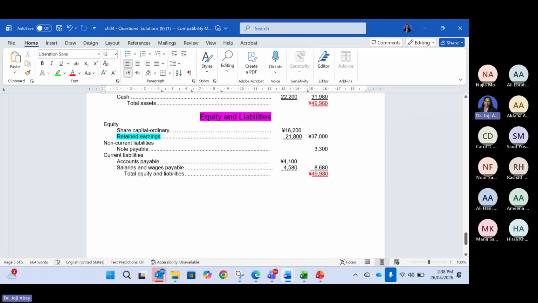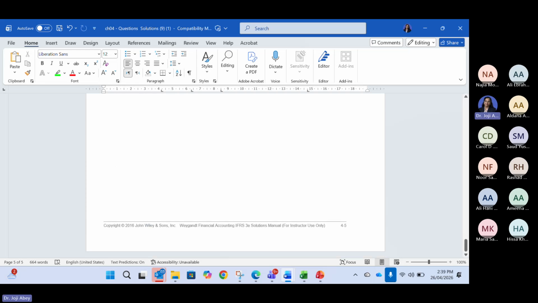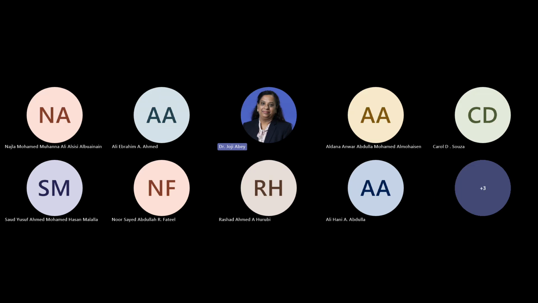Then comes the equity, with the liabilities, current or non-current. So these are the major exercises that we are doing in chapter 4. Again, I will repeat. In chapter 4, we have only the assets, liability, and expenses. Okay.